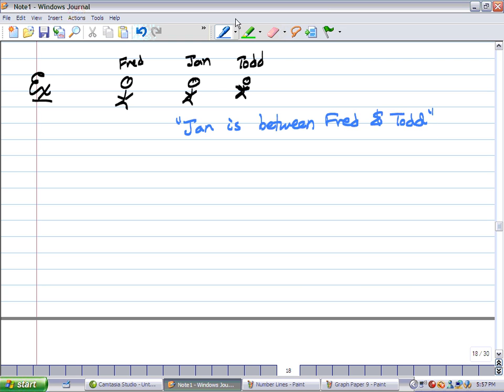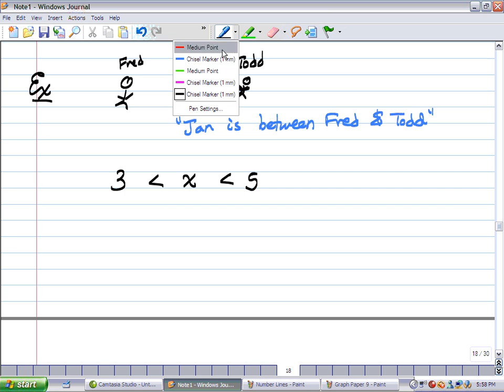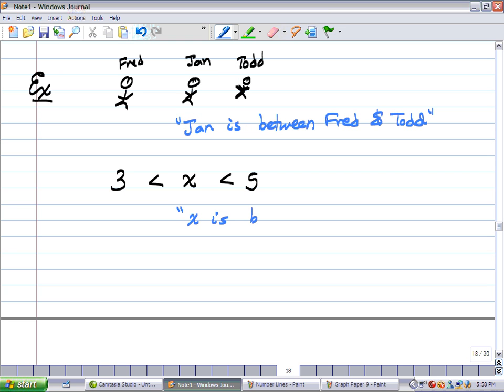So we're going to do the same thing when we look at numbers. So when I have 3 less than x less than 5, how am I going to say this? X is between 3 and 5. Now if we put equal signs under there, we might include the words including 3, including 5.